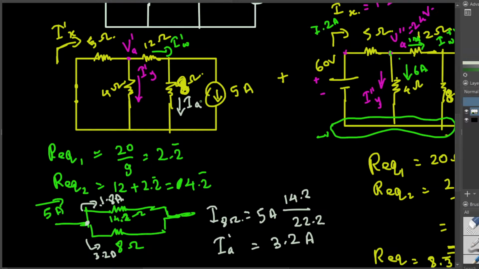I'm going to expand the 14.2 coming from this 12 ohm and this. We added this 2.2 and 8 and made it 12.2, and 2.2 and 12 into 14.2. What I'm going to do is expand it back.